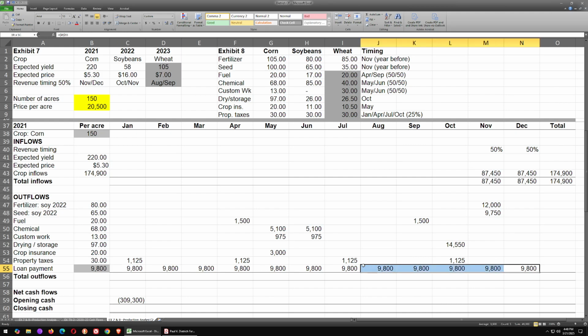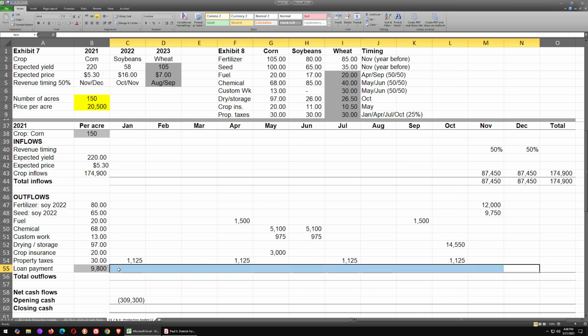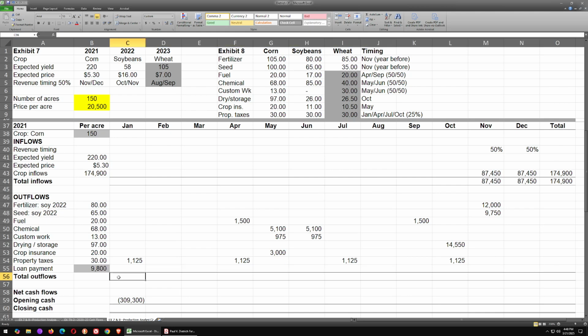If I just wanted to lock it into the row, in other words, as I move over I don't want the row to change, I don't want all of these cells to be the same, equals this, F4, F4. So I think that's the row and this is the column.